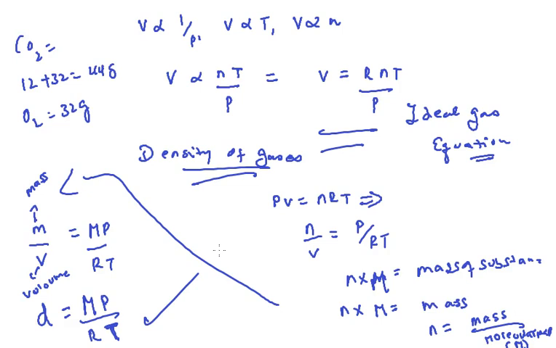So I would suggest that when you want to solve a problem, first identify what is known and identify what you are actually looking for. That would be a big help to sort out problems of ideal gas equations. It's not only the ideal gas equation, it's any equation related to gases.